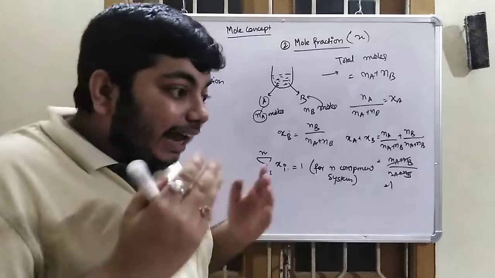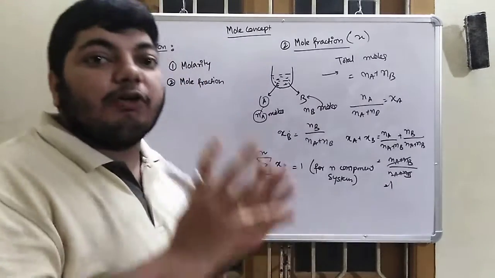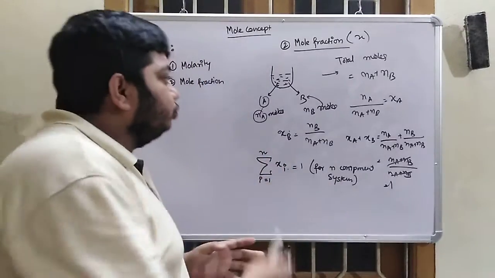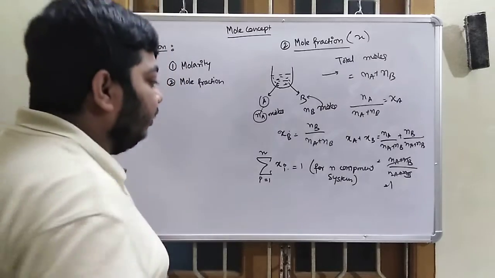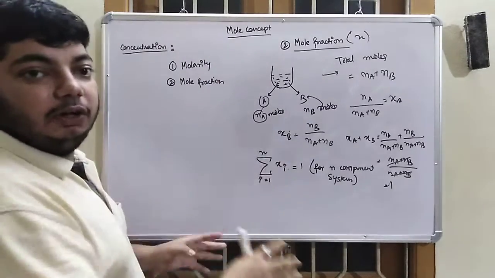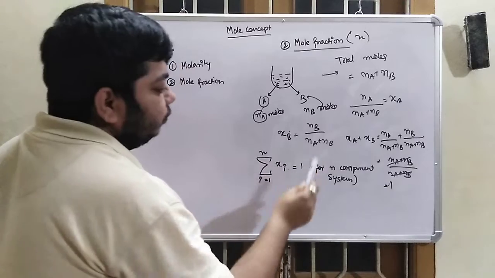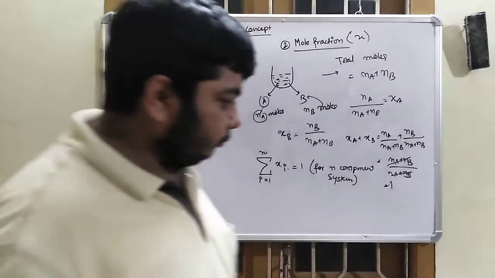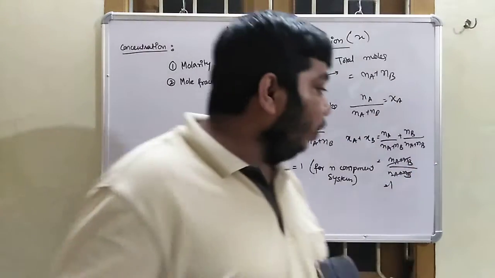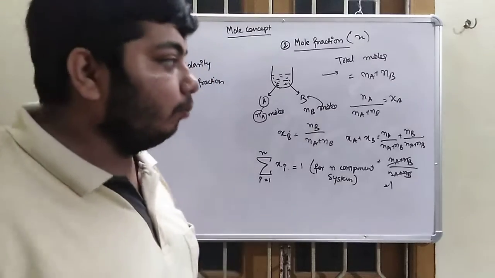But if we have an n component solution, that means n number of substances have been used to make a solution, then the total mole fraction of the solution will be equal to 1. So this is all about mole fraction and molarity.